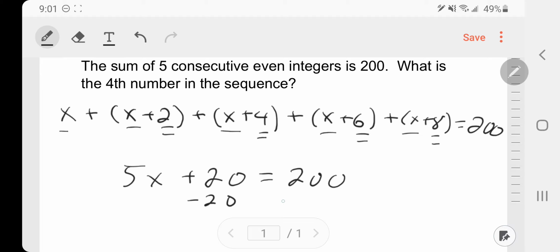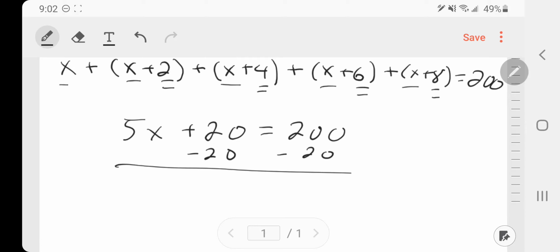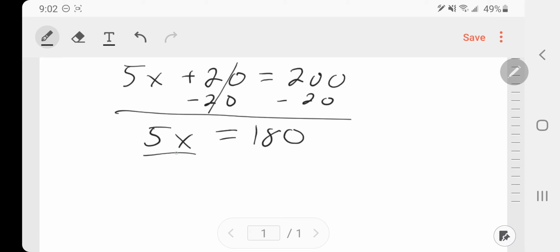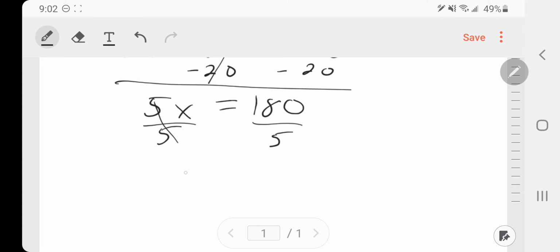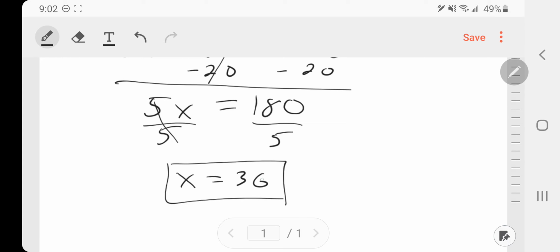Then we can subtract 20 on both sides. That cancels out, so we get 5x equals 180. And then we divide by 5 on both sides, and we get 36.